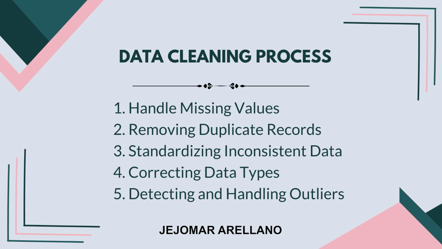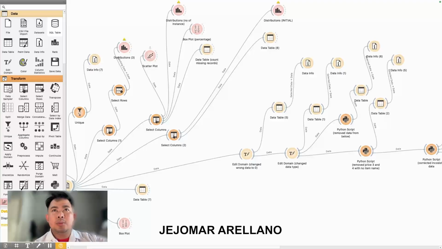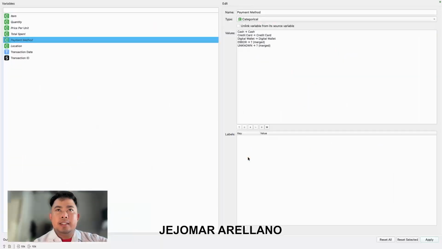Next phase na ginawa namin is standardizing inconsistent data. So on top of the missing values, we have also identified columns that has strings like unknown or error. So for that, what we did is to use the edit domain widget.